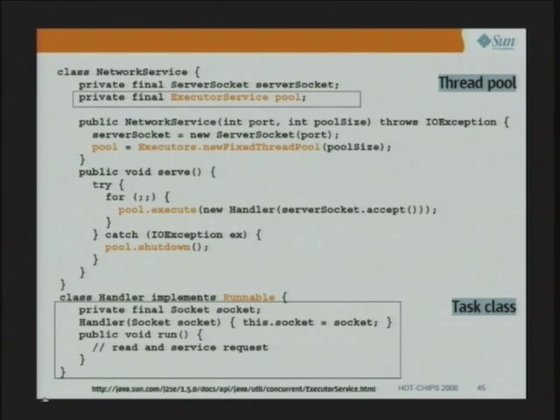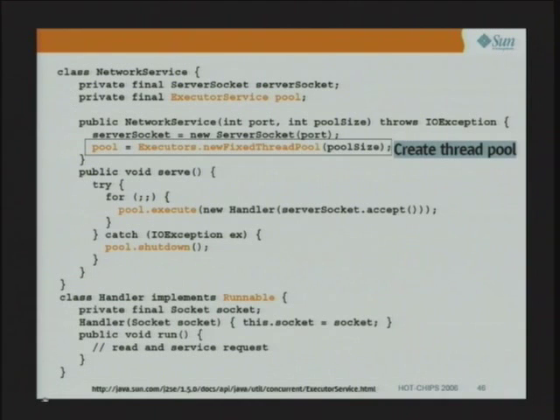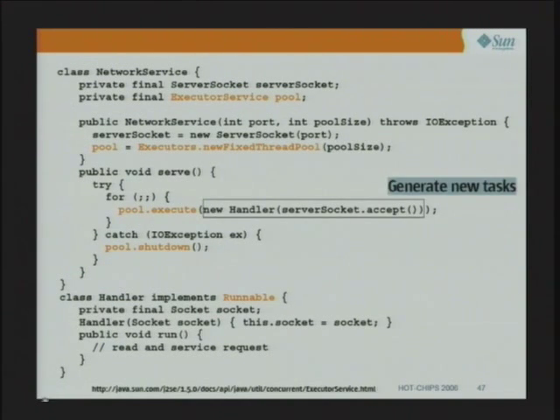You can create a task pool, then you can create a thread pool, and then create a task. The task is going to accept a socket. This is a web service example that accepts a socket and deals with it. So you can create a thread pool, then you can create new tasks. All the tasks are generated sequentially, but the tasks will be put into the pool to execute concurrently.